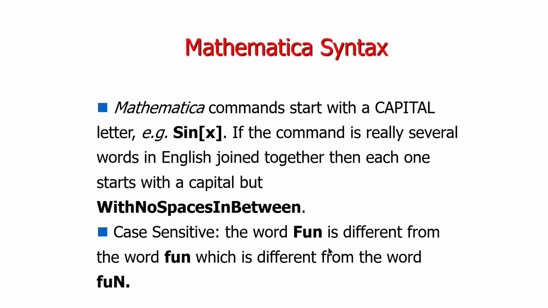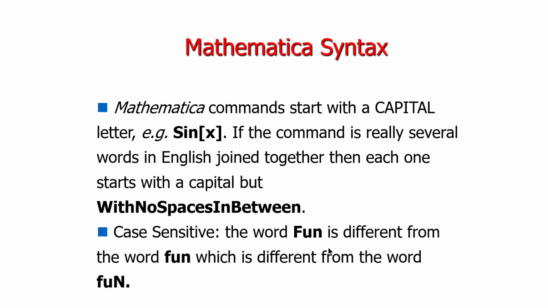So what is the syntax of Mathematica? Remember that every command in Mathematica starts with a capital letter. For example, if you want to calculate the sine trigonometric ratio of a number x, what you need to do is write Sin. Remember that Sin should start with a capital S, and then you have to put square brackets, because the square bracket holds the argument of the sine function in Mathematica.